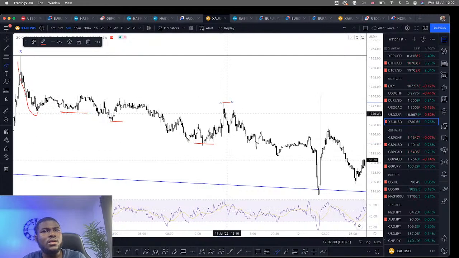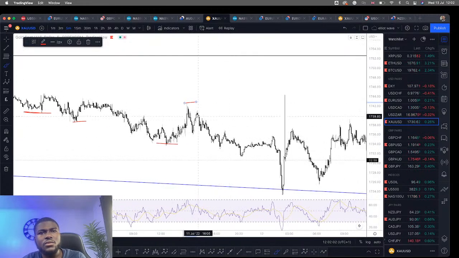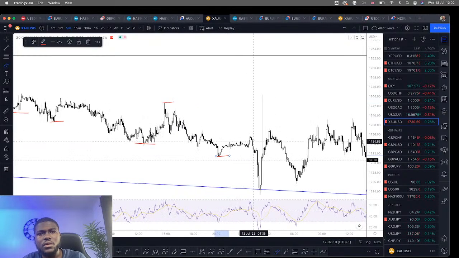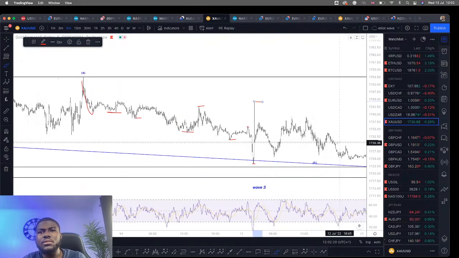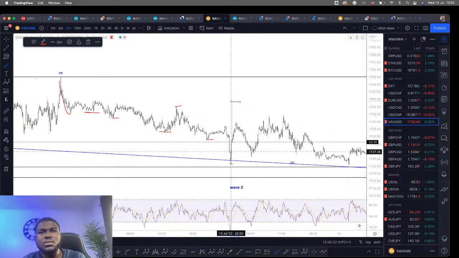There's a new high right here. 1, 2, 3, 4, 5. Another low right here. There's another high. There's another low, a retracement and a high. So when that happened, what happened next? We had 1, 2, 3. Okay.